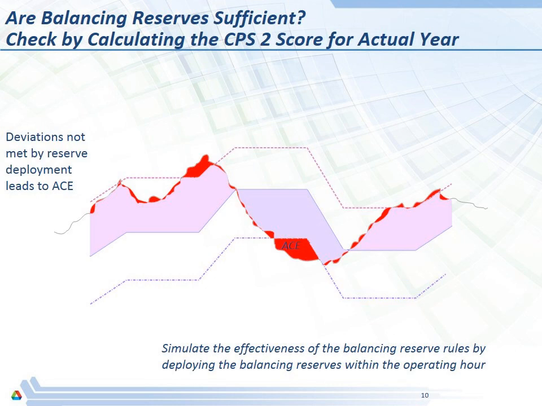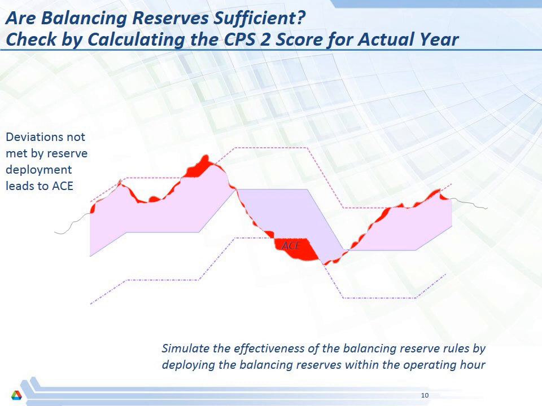In this case, we're able to apply these balancing reserves to a new set of data to evaluate how well those balancing reserve rules would do if we were to have those resources available to balance the system in real time. This chart is showing the deployment of balancing reserves.